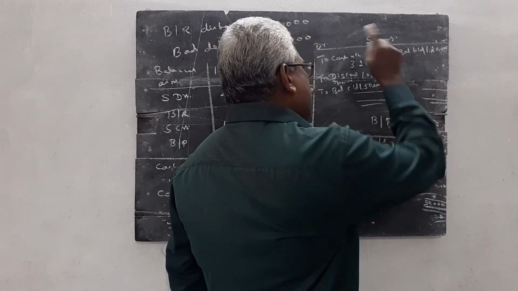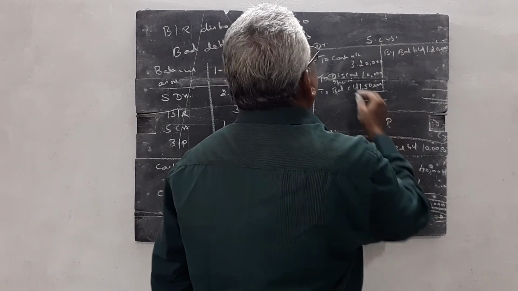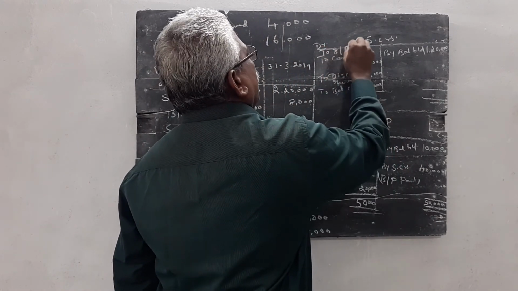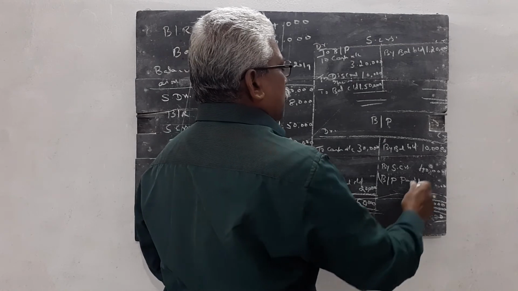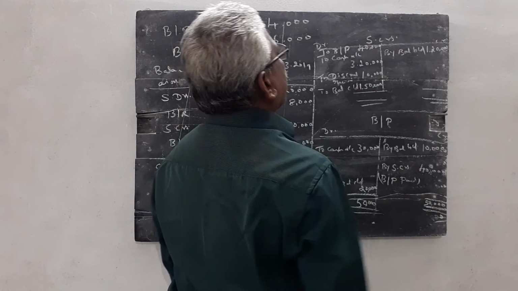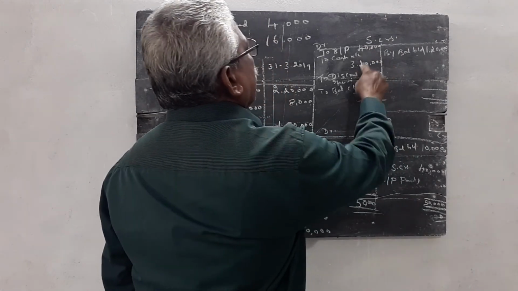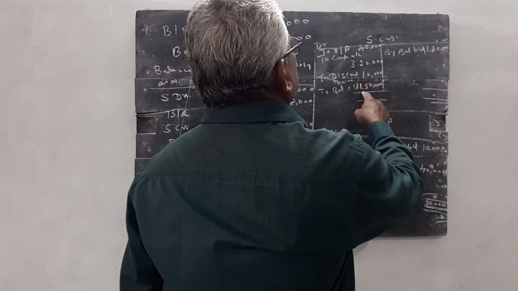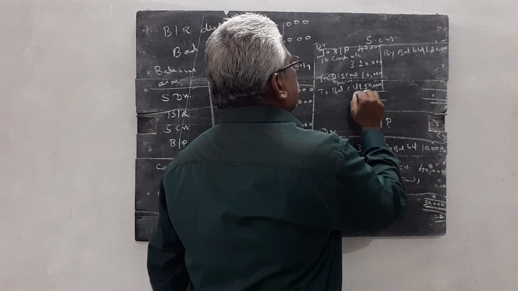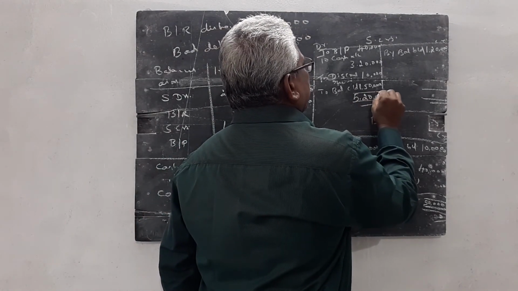So in the debit side of the sundry creditors account, here we write to bills payable paid, bills payable 40,000. Then we total it. 40,000, 3,20,000, 10,000, 1,50,000 is equal to 5,20,000.